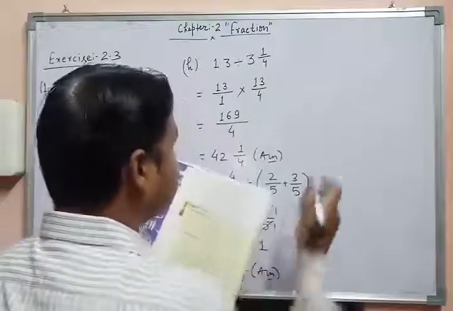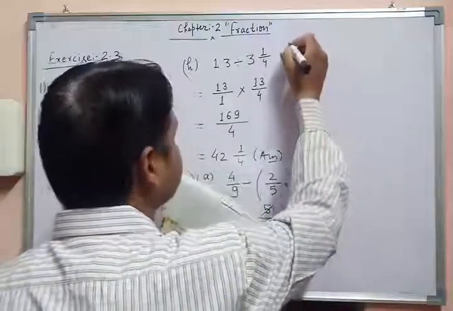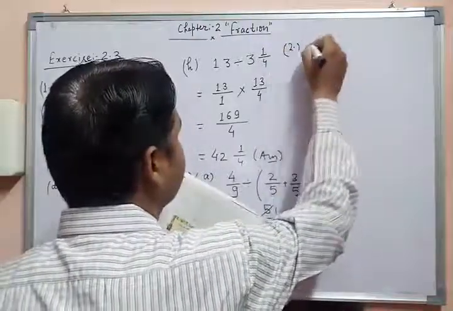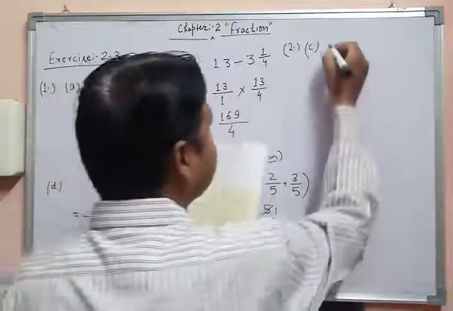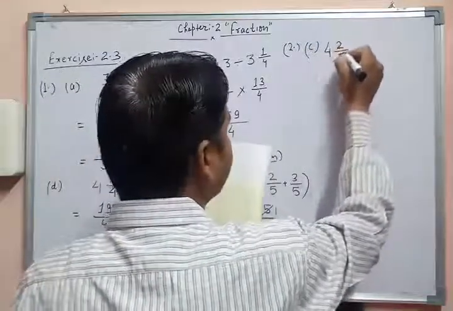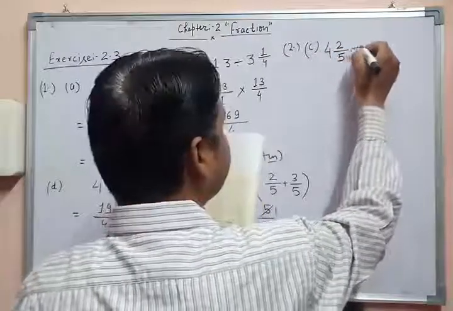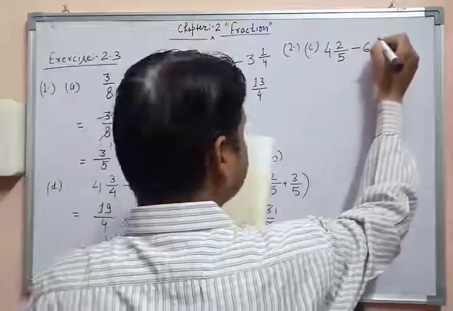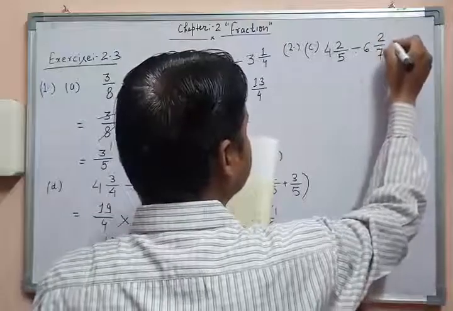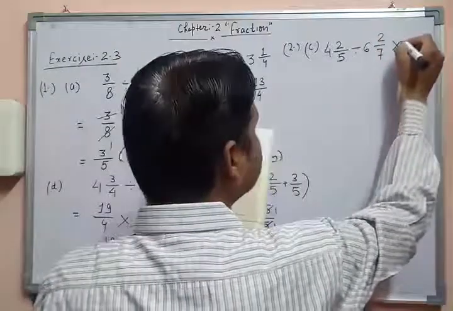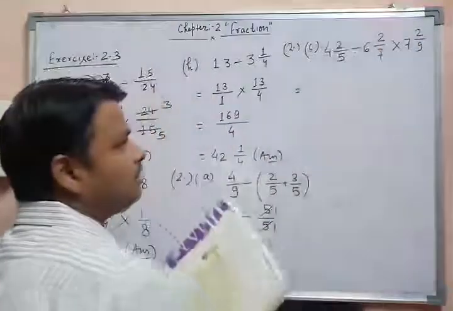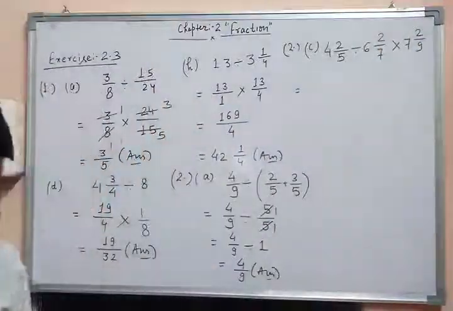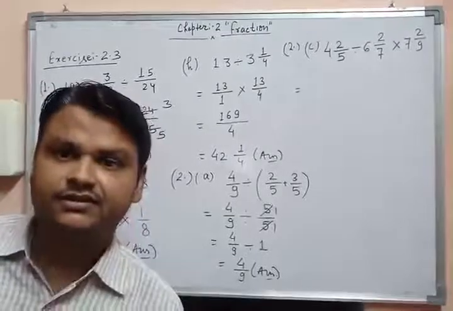Now we are moving on to the next question, second C part. 4 and 2 by 5 divided by 6 and 2 by 7 multiplied by 7 and 2 by 9. So all the fractions are examples of mixed fractions.